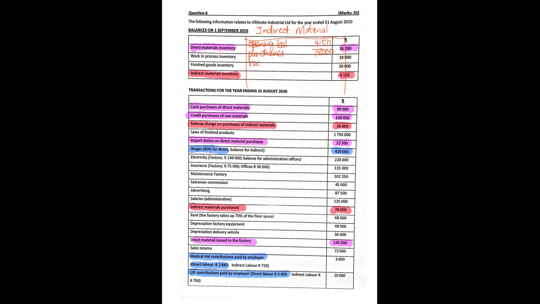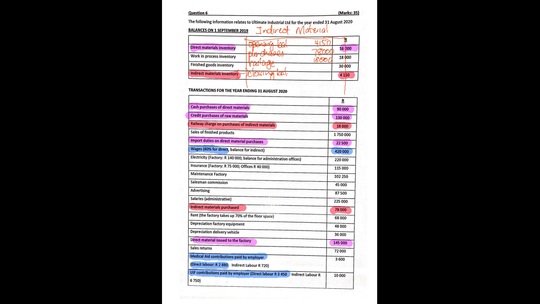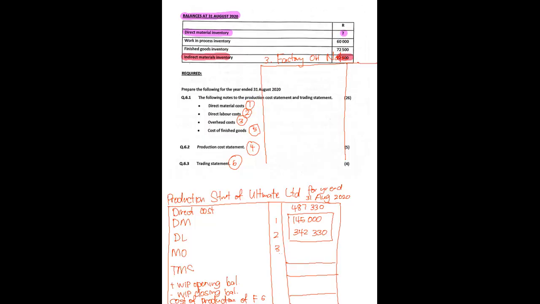And then you're going to look for any closing balance to subtract from your indirect material. And let's check if they gave you a closing balance. So here is your indirect material, and they did give you the figure. It was 22,500. Sorry, let me just erase the writing there so you can see that.